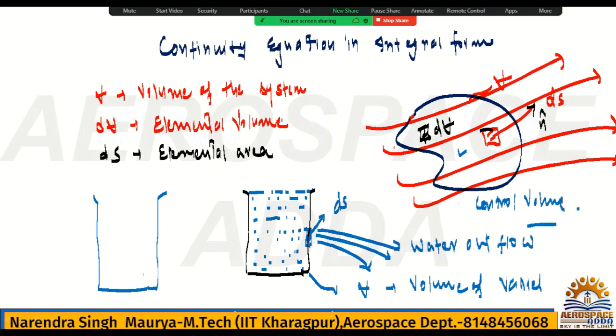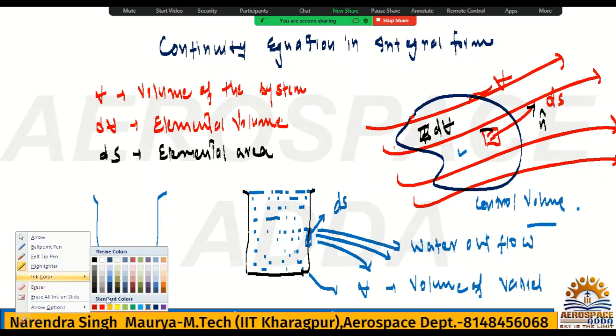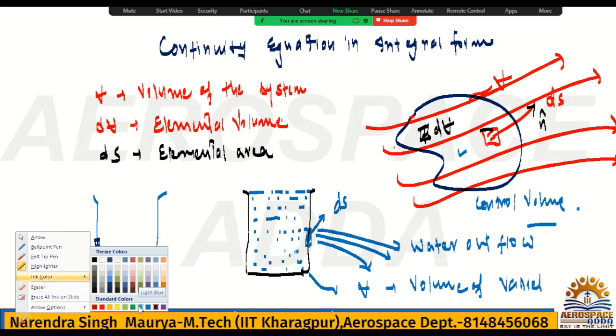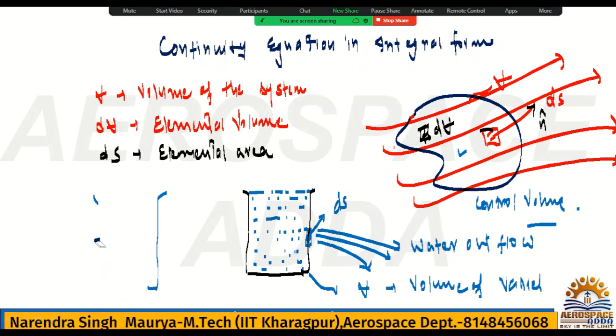Fine. Now, in this case, what you are doing here, you are filling this vessel. So if you are filling this vessel, definitely there will be one elemental area you have to take, or you can say small hole. So from this small hole, that water is filling. Okay, anywhere you can take.